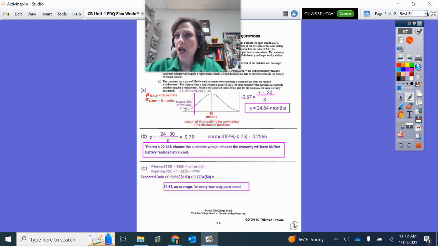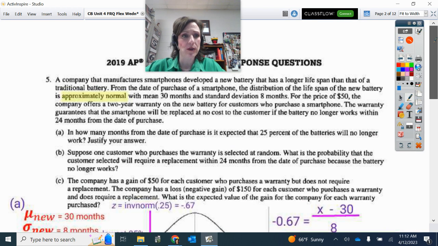So our first problem here was a problem about the life expectancy of batteries. And they were comparing the new battery to the traditional battery. A couple things when you're reading and you see that something is stated to be approximately normal, you might want to make a mental note of that.